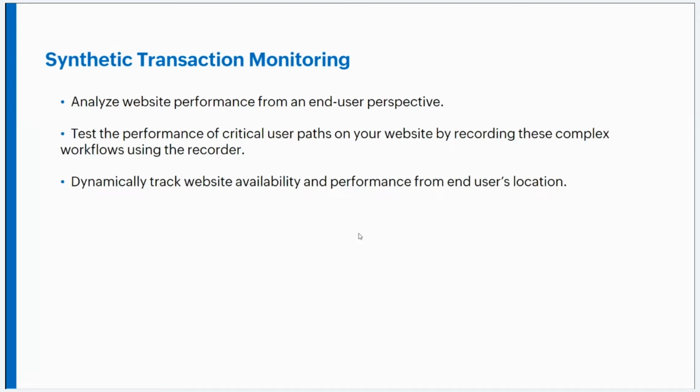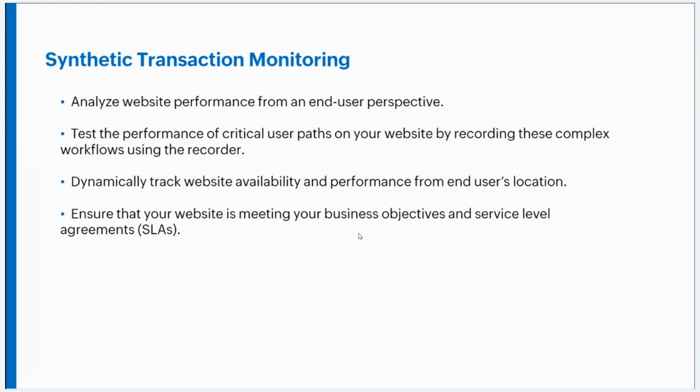One of the main advantages of synthetic transaction monitoring is that it can dynamically track website availability and performance from your user's location. Meeting SLAs can be an important objective for many business owners, and synthetic transaction monitoring helps you verify if these SLAs are met. Basically, it provides a line of sight on service level agreements.